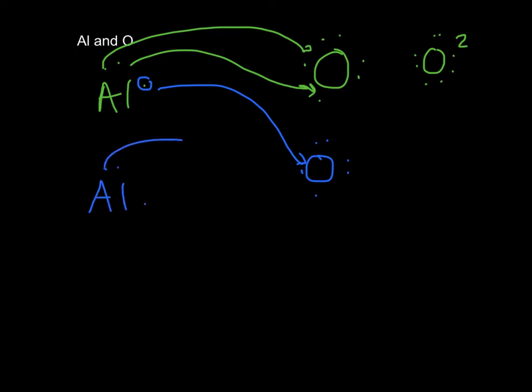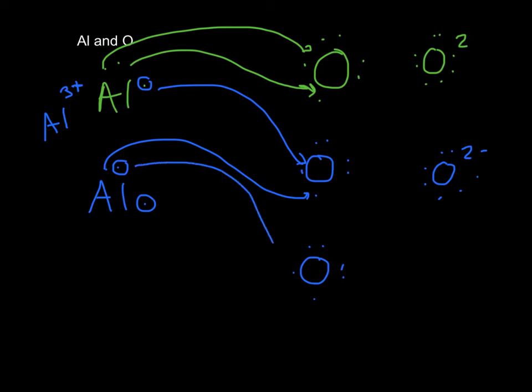So it can give one of its electrons, so now this oxygen becomes oxide, and this is an aluminum ion. Can you see maybe we're almost done? I've still got 2 electrons to get rid of, so I need one more oxygen.